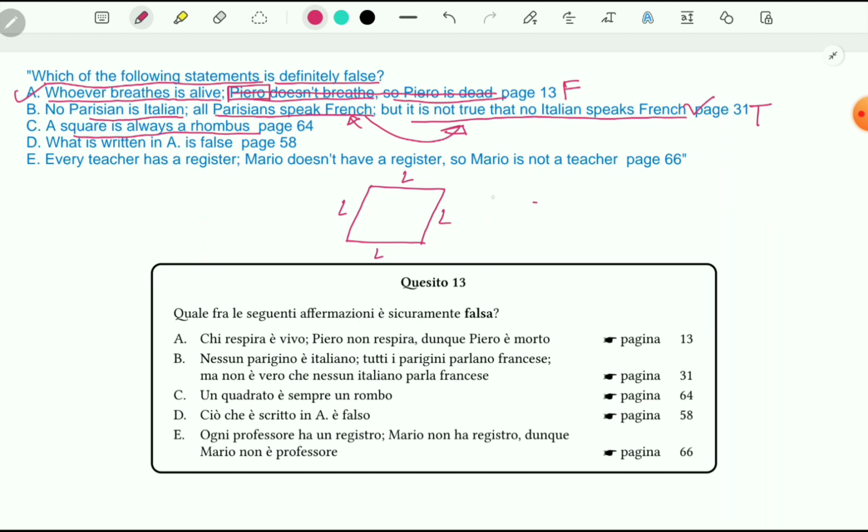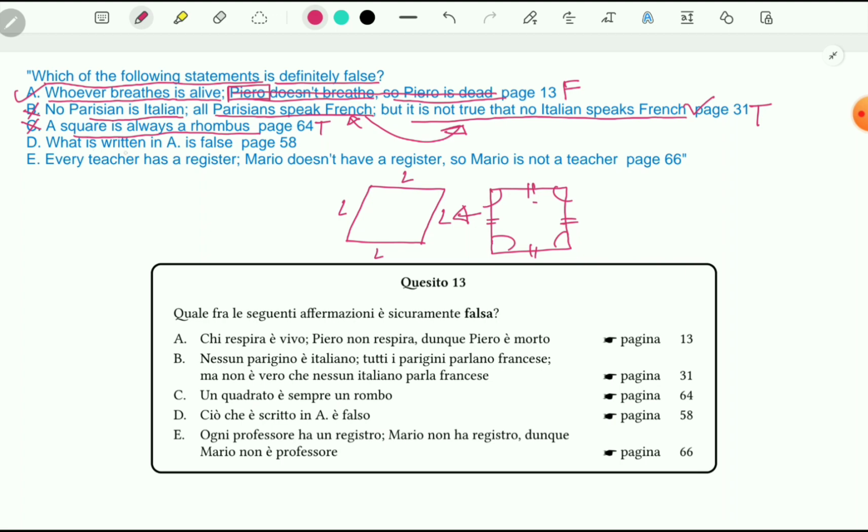The definition of a square is that side lengths are equal and also the angles are equal. So as a rhombus has equal side lengths, and a square has equal side lengths, that means a square is always a rhombus. So it's also a true statement, not the correct answer.